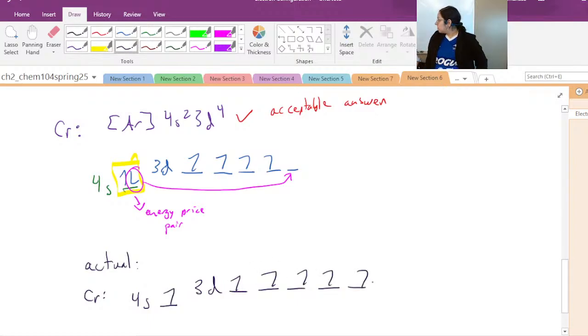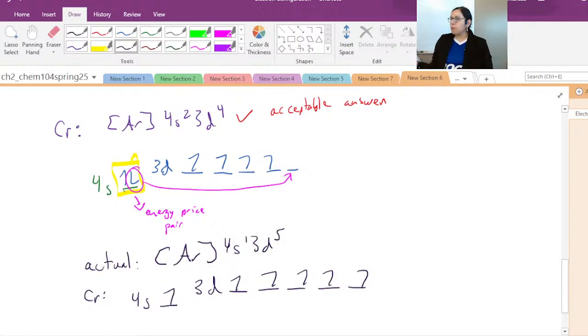And then perhaps on an exam, like I said, if I just straight up asked you what's the electron configuration of chromium, I would accept both of these answers. So if you remembered that this was one of the weird exceptions, great. If not, I don't expect you to remember that. You're only 100 level students, that's perfectly fine. This is a good understanding. But the other thing that I might ask you on an exam is I might lay it out.